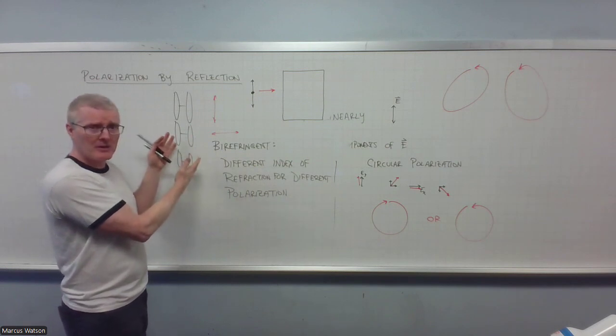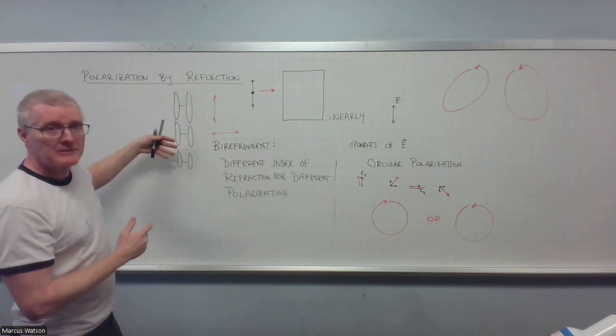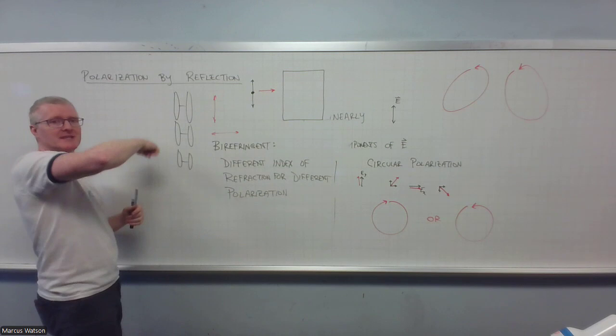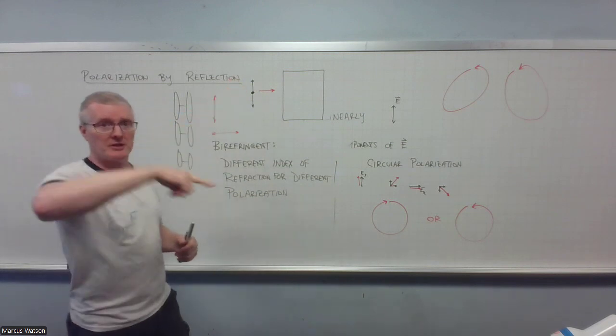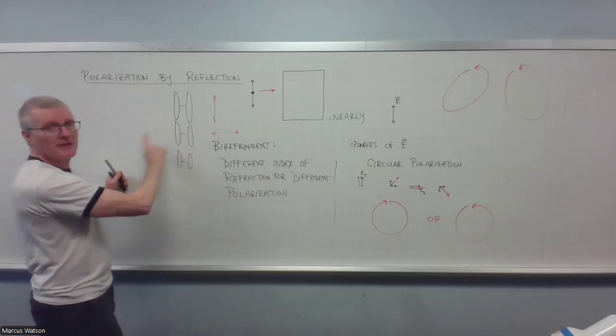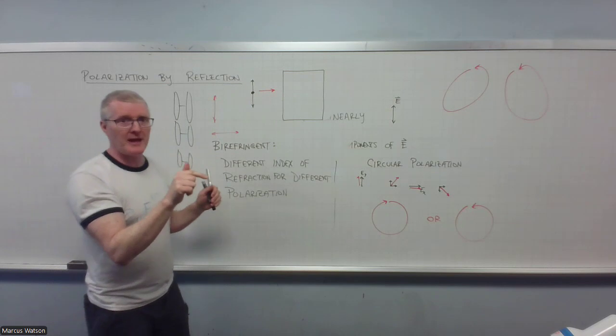If I have a material in which the charges are easily moved, say this way, then if I shine only light that's polarized this way, I'll get a nice strong reflection of that type. If I put in polarization of light this way, I'm not going to get a very strong reflection.